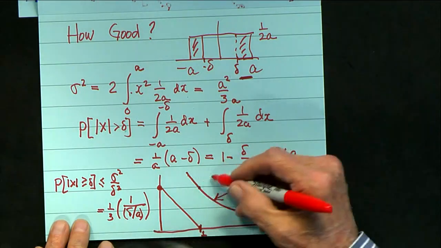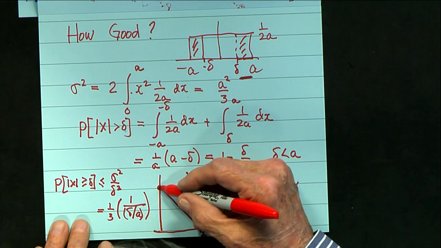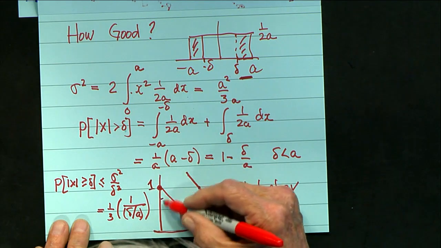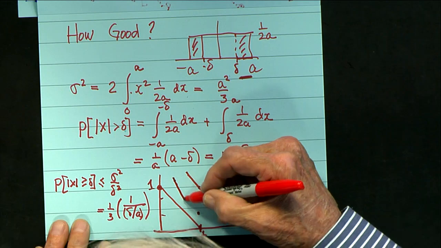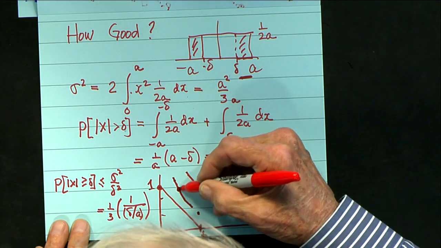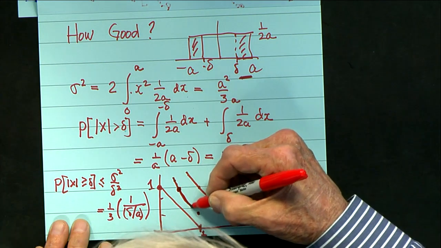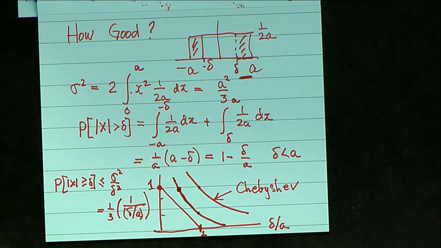This is not quite right, because this is 1, so 1/3, something like that. Right. So this is Chebyshev, and this is the actual mass.